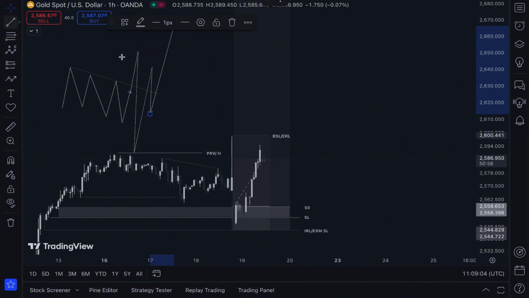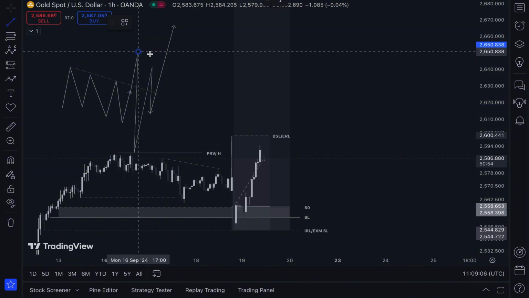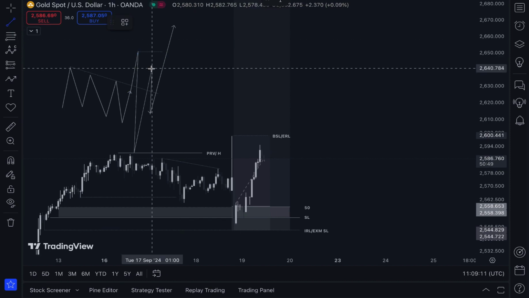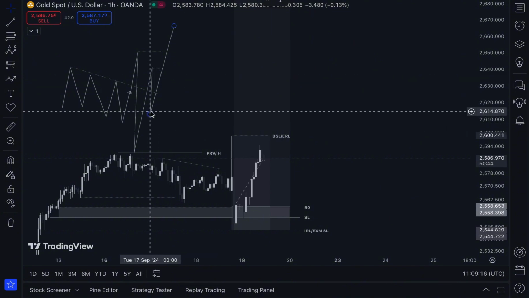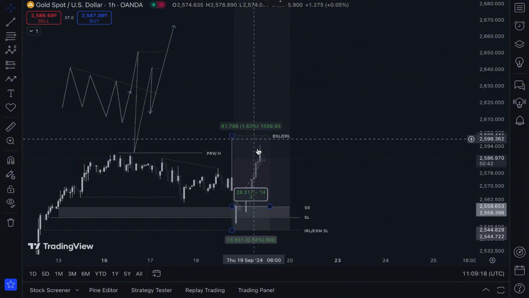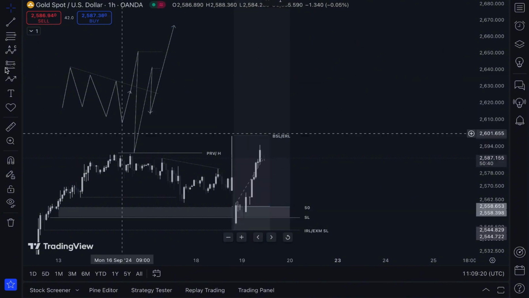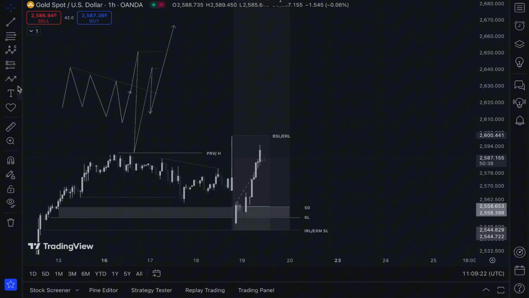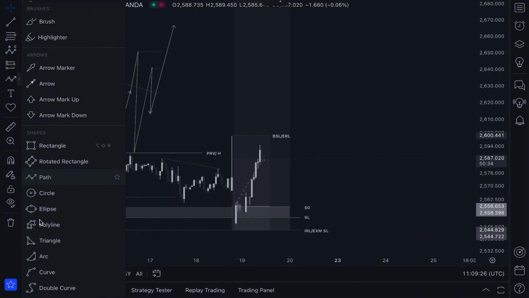So it has to break the structures here. It has to take this and this as well. So price is just trying to create momentum, right? Or if it fails and the bears win, it's going to take this low. So what I'm showing you here is basically what is on the chart, okay?